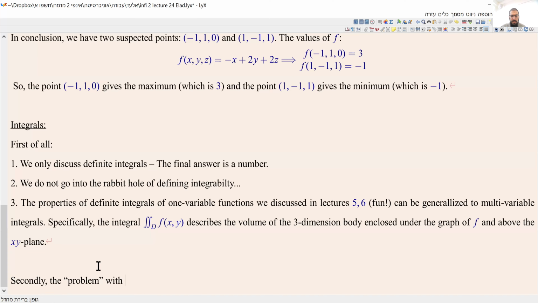with multivariable integrals is usually the domain. Functions are going to be cool or easy or something like that.